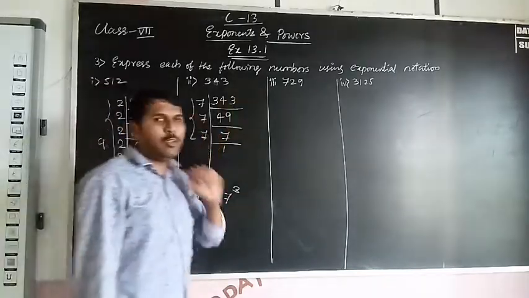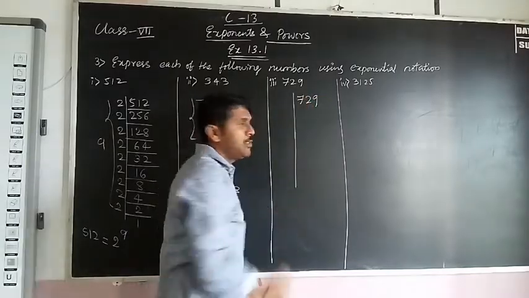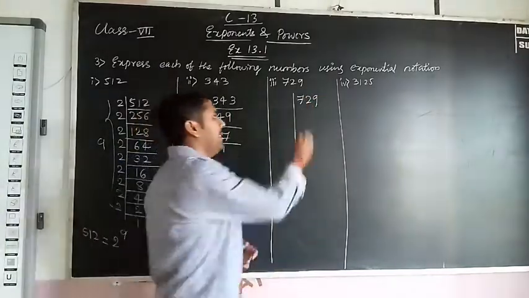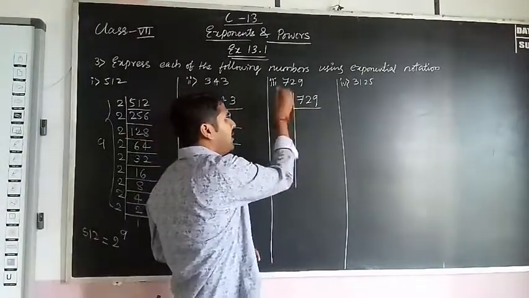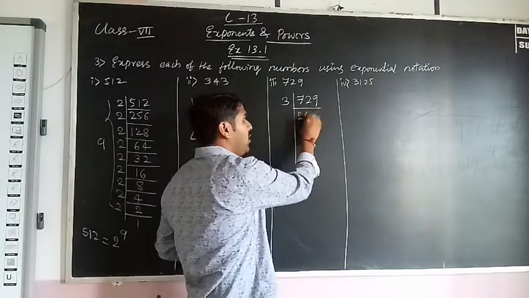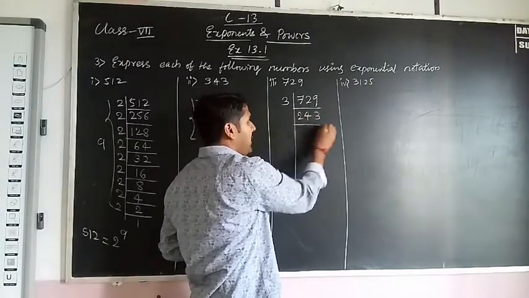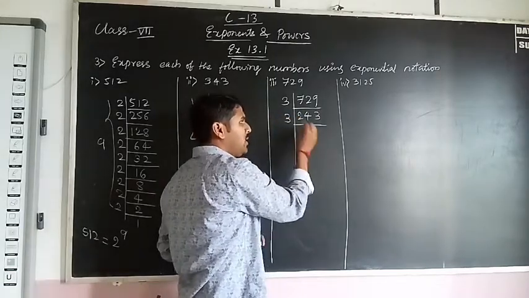So next 729. This is divisible by 3. So take 3. 3 2s are 6, 1 remains, 12. 3 4s are 12. Next 3. 3 8s are 24. 3 1s are 3.